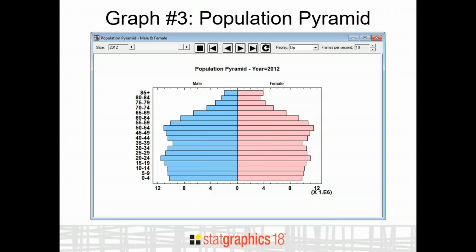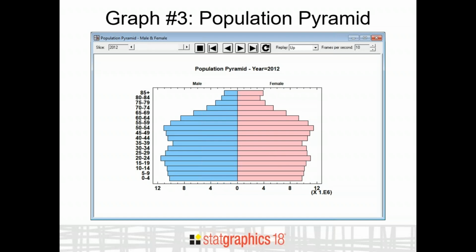You're looking here at the data for 2012, and you can see that basically back in 2012, there's a fairly uniform population up to about 60 years old, after which the counts fall off.